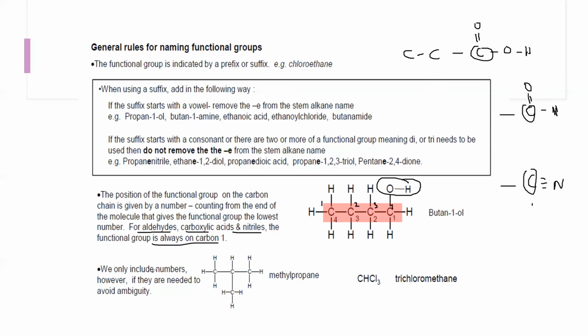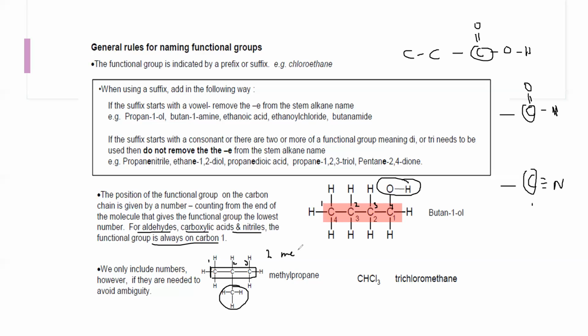And we only include numbers if they are needed to avoid ambiguity. Like for example, when we want to name this structure, if I select the longest carbon chain and number 1, 2 and 3, at the second position we have a branch.